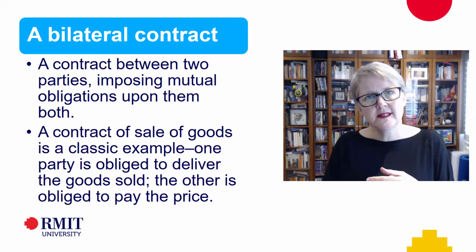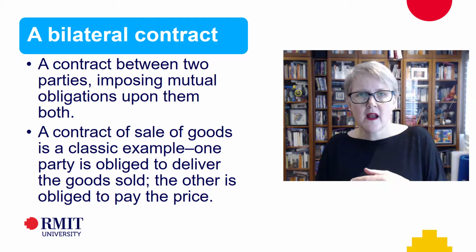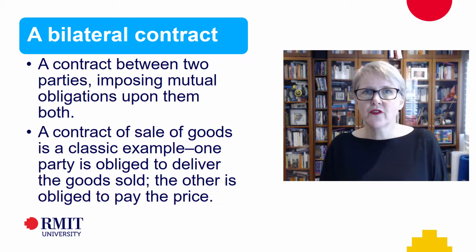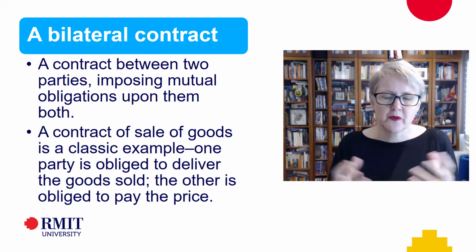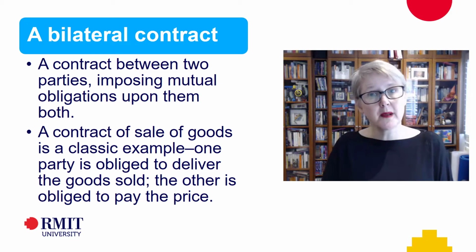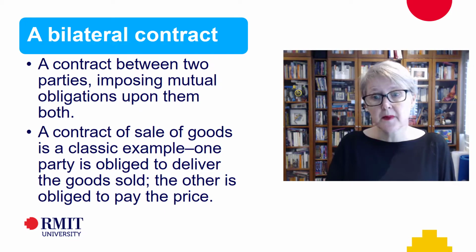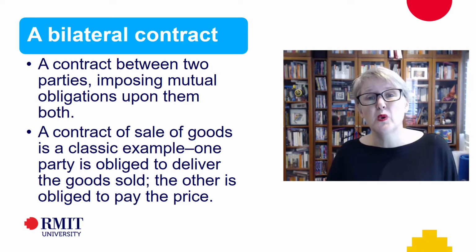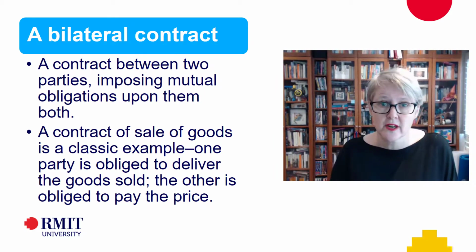A contract for the sale of goods is a really good example of that. Offer is made and it's accepted. At that point, depending on which way around it goes, there is an obligation to supply the goods and an obligation to accept delivery and to pay for them. Most of the contracts that we consider in this course are essentially bilateral contracts.